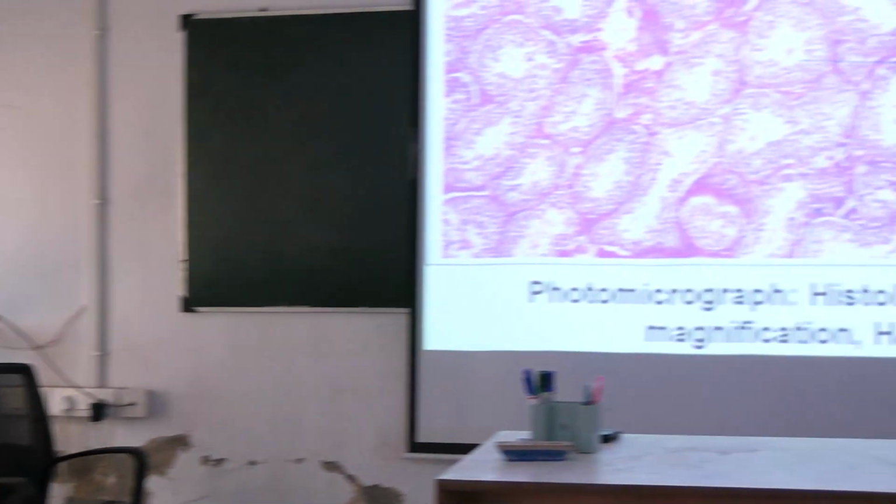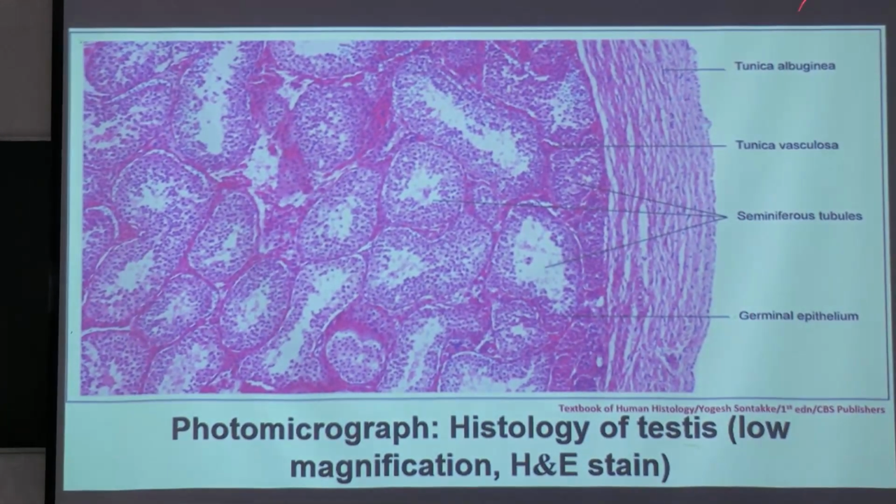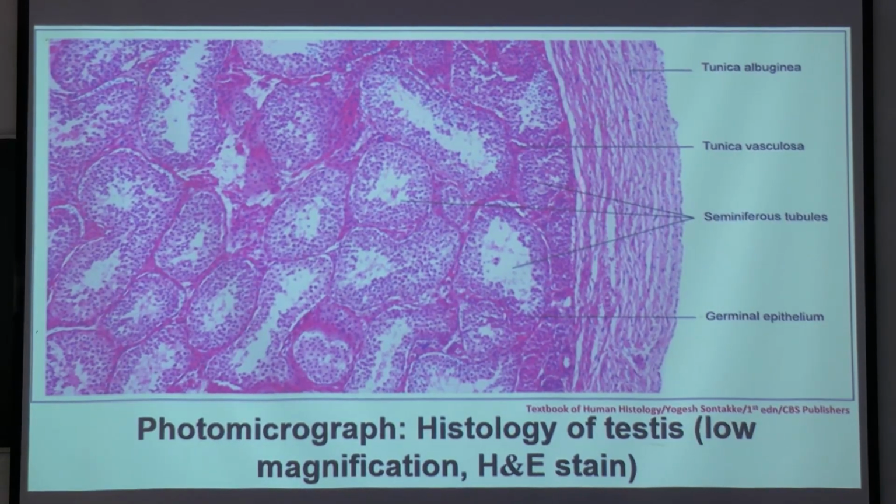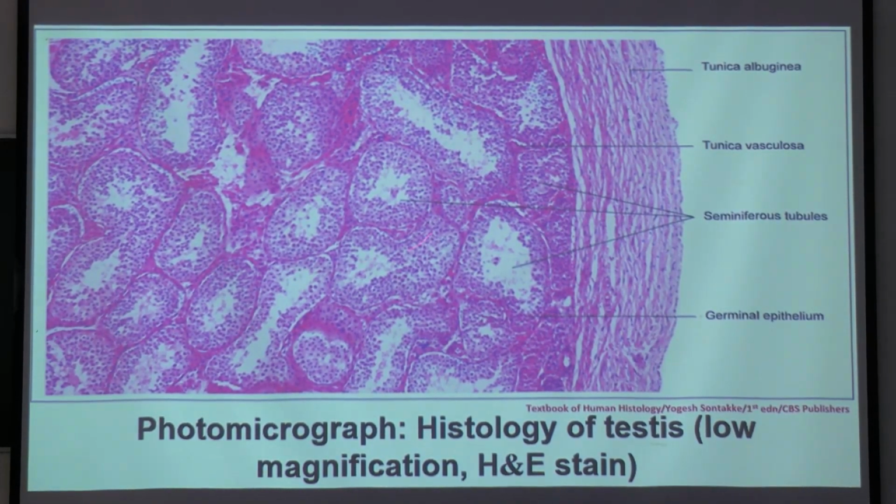Like this you will see under the microscope. The outer covering is tunica albuginea, then there is tunica vasculosa. These are the sections of the seminiferous tubule lined by the seminiferous epithelium.